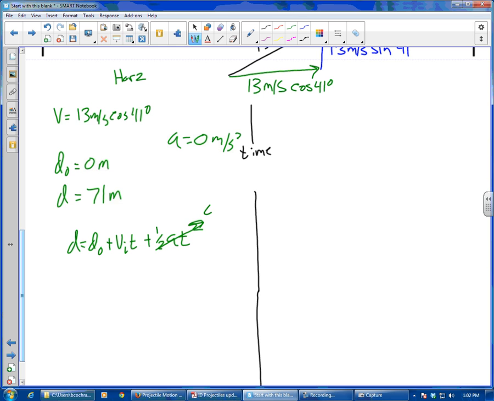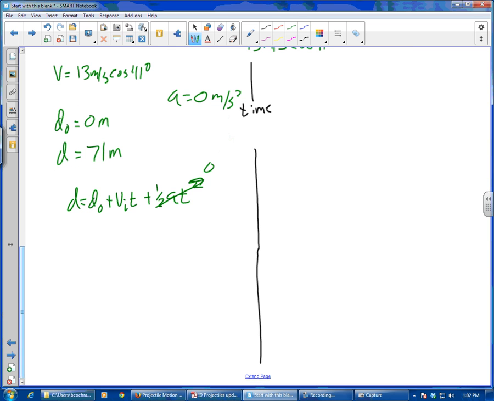I know this whole term is 0 because the acceleration is 0. So I end up at 71 meters. I started at 0 meters. I had a velocity of 13 meters per second, cosine 41 degrees, and I move for a certain amount of time. And that amount of time is 71 divided by, parentheses, 13 cosine 41.